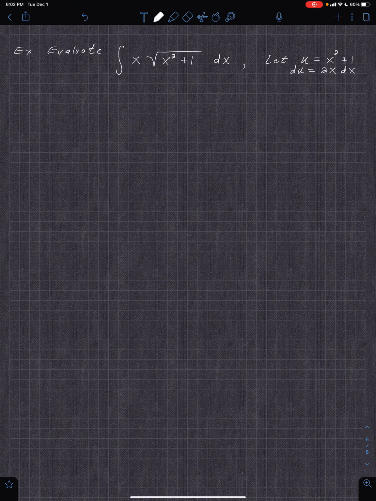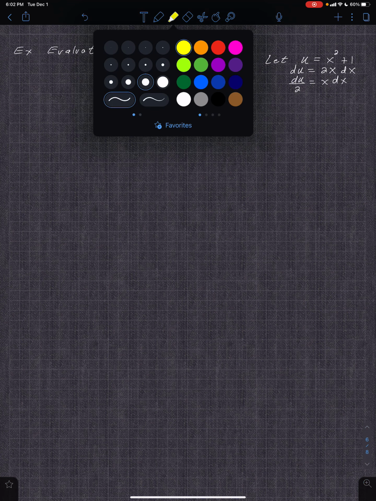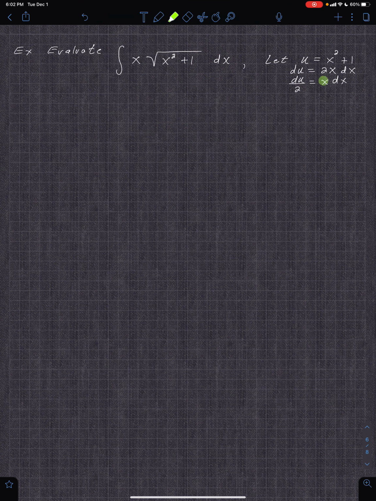So what we do is solve for the x dx like this. I like to divide out the constant and then see what you have here. So here's your x dx, and here's your x dx. So that's what you substitute in for du over 2, and then of course your u substitution for x squared plus 1. So those are your substitutions right there.